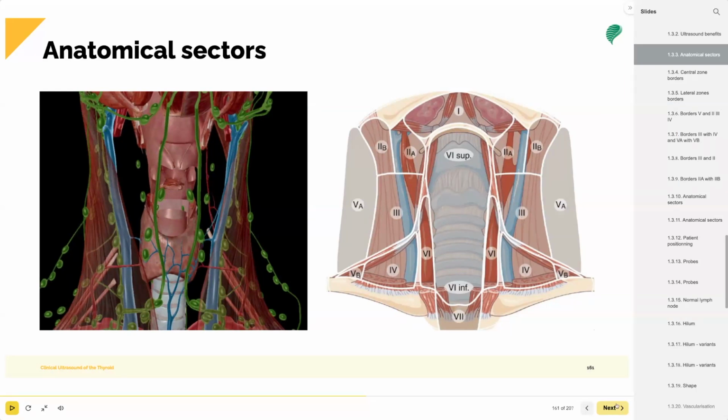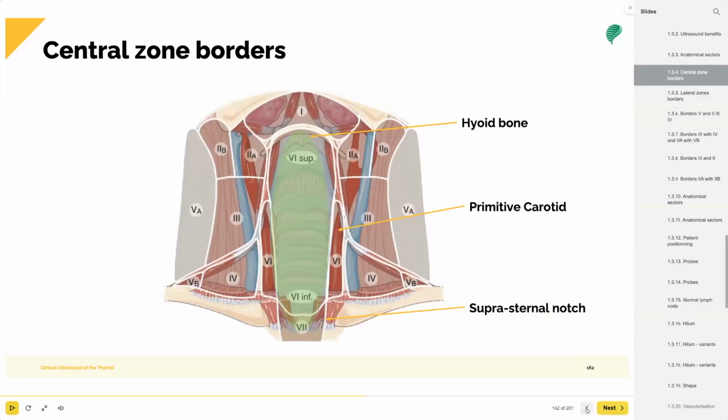We have sections 1, we have sections 2, 2A and B. We have sections 3, 4, 5, A and B, and 6. So it's very important to know where you're finding an abnormal lymph node or where there is some type of suspicion.